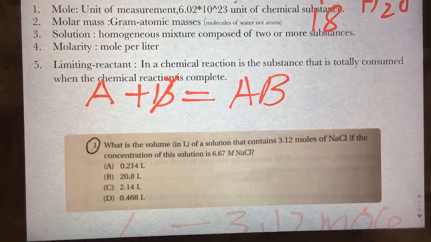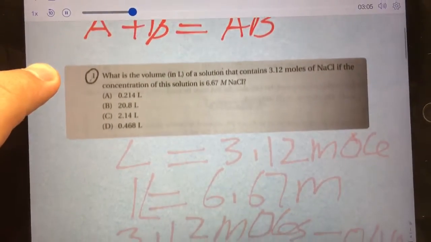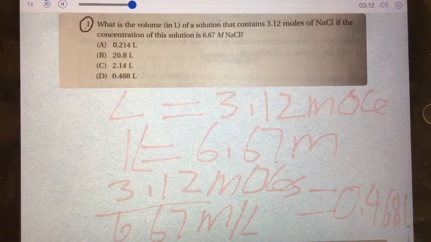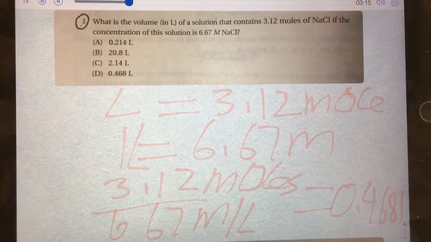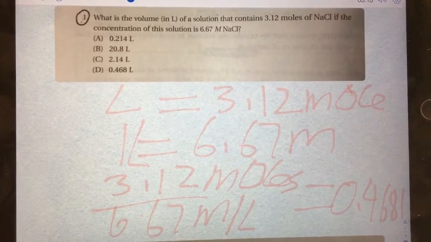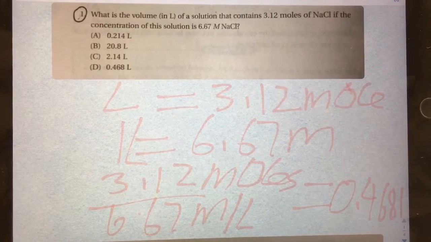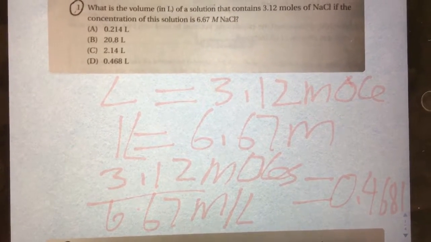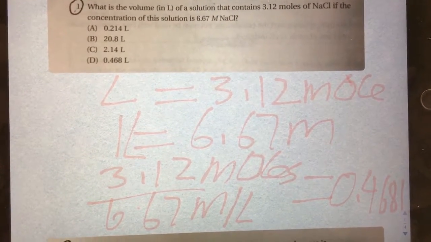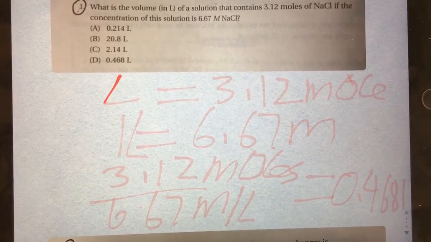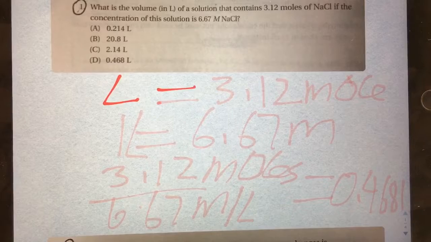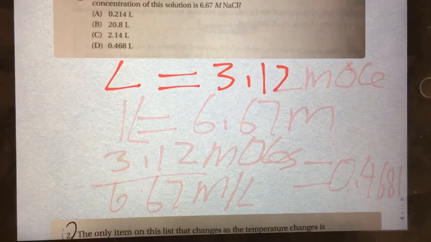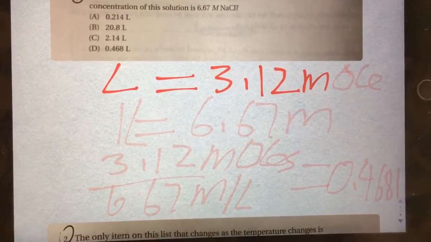With all the concepts we just learned, we can solve the first question. The first question is asking, what is the volume of the solution that contains 3.12 moles if the concentration of the solution is 6.67 moles per liter. So, in order to solve this question, we are solving for the liters that contain 3.12 moles of the matter.